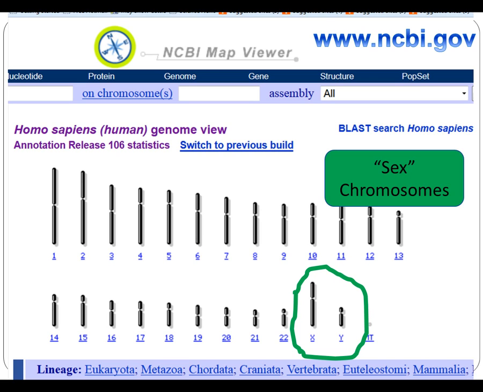What I want to clarify, though, is that's not all that it does. Write that down. There are a lot more important things besides gender determination.